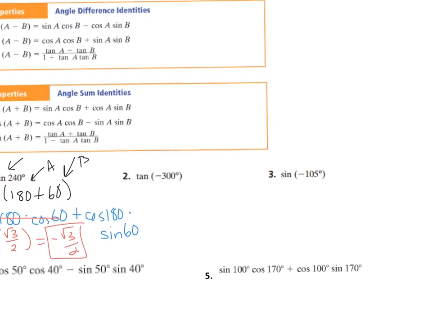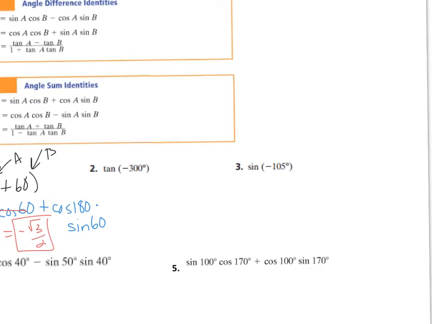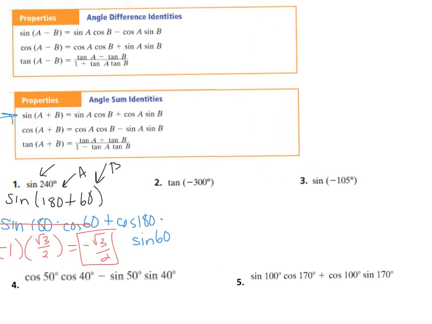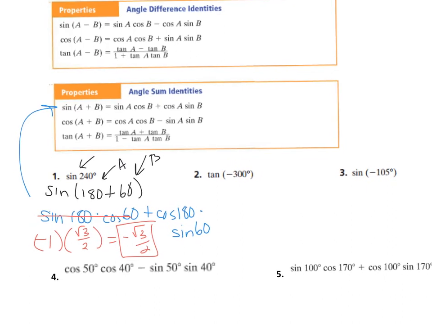So for the second one, the tangent of negative 300, I could just do it directly, but I'm going to use this formula here. I'm going to do the tangent of 300 as the tangent of 60 minus 360.